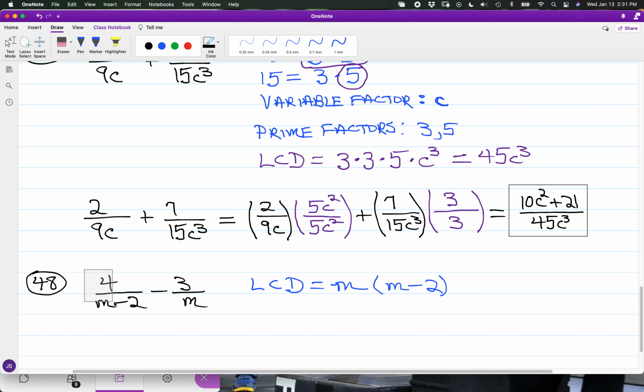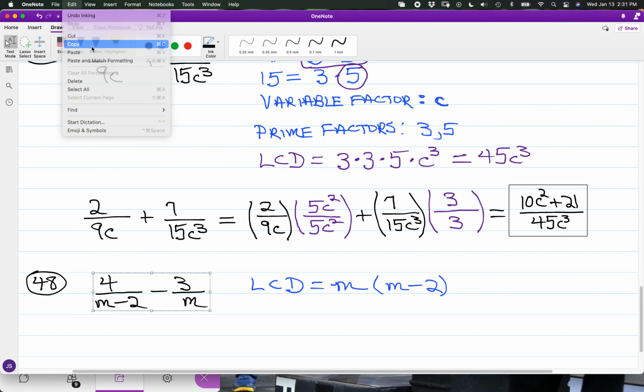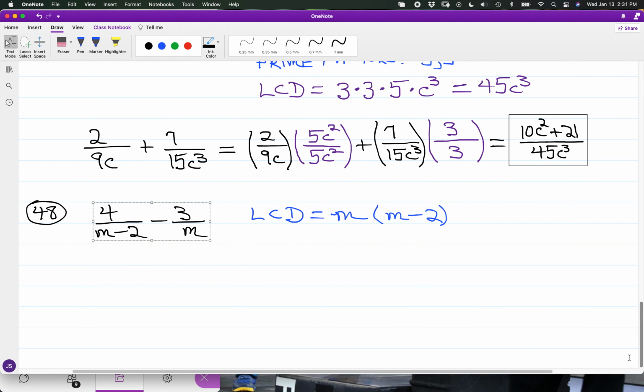Looking at the difference of fractions, we express both of them in terms of the least common denominator.